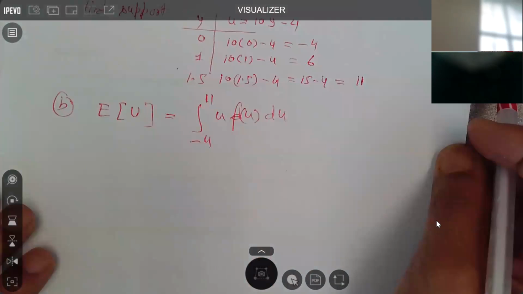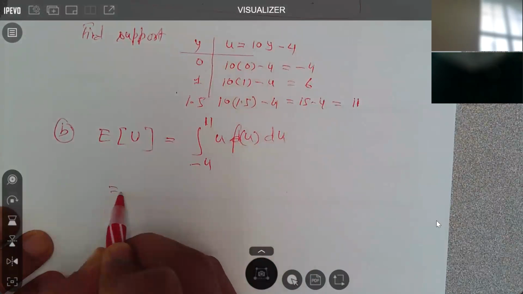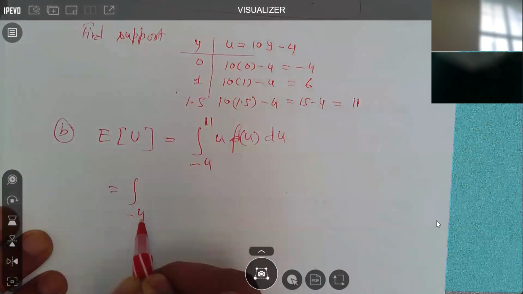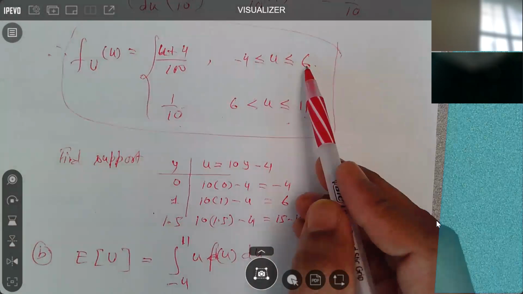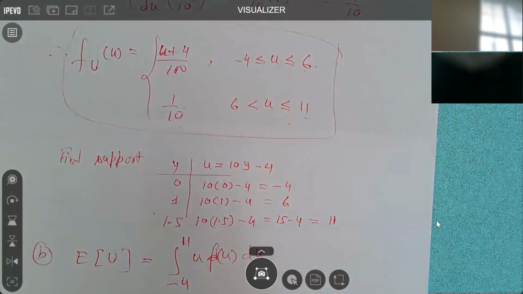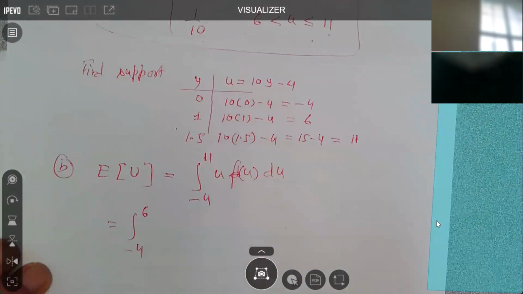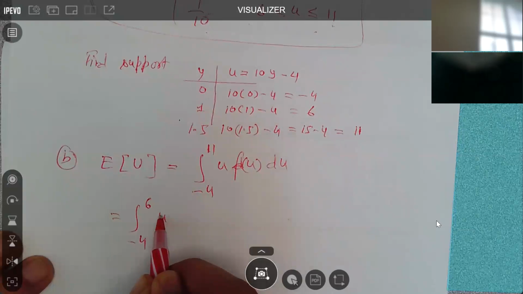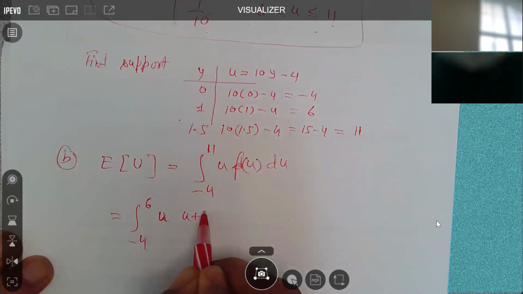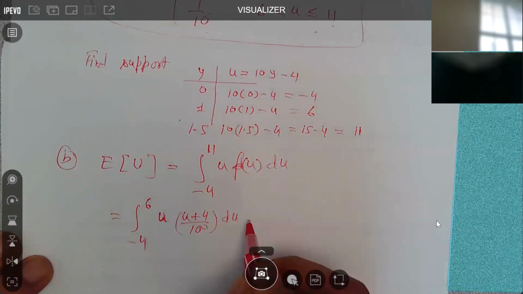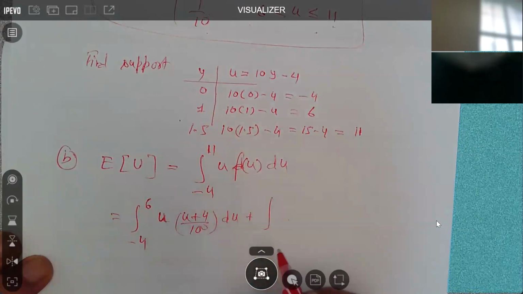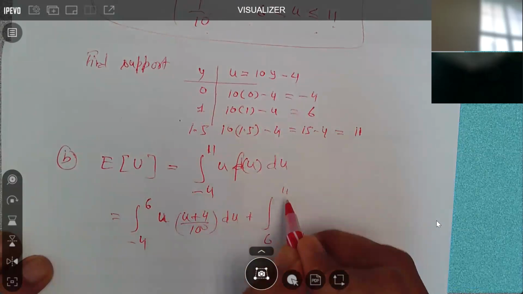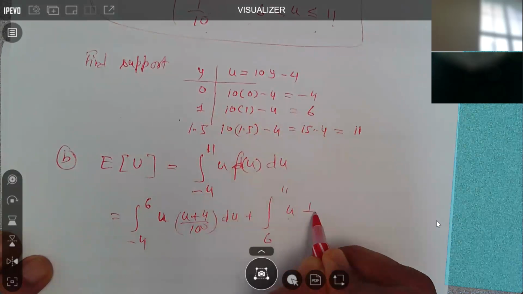So this is equal to the integration from -4 to 6 of u times the density function (u plus 4) over 100 du. And for the other part, integration from 6 to 11 of u times 1/10.